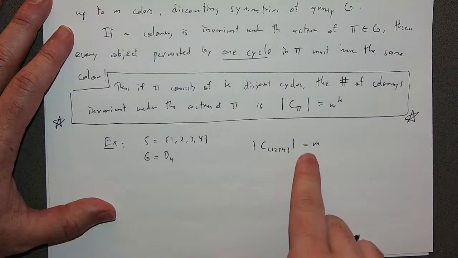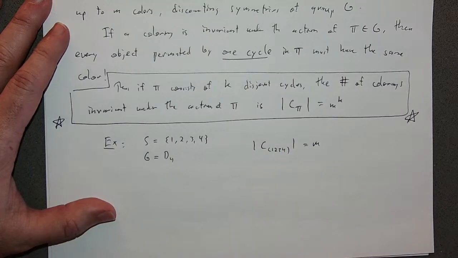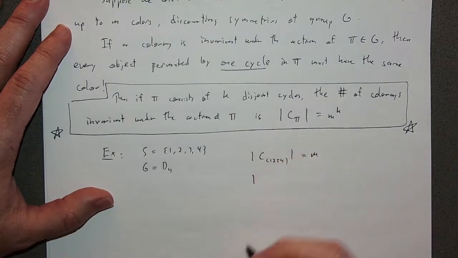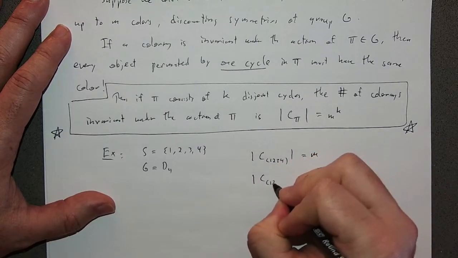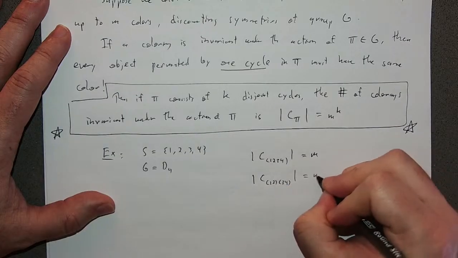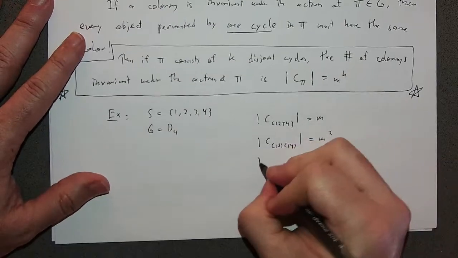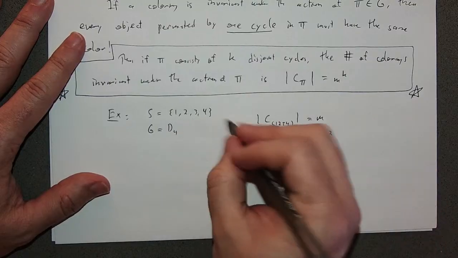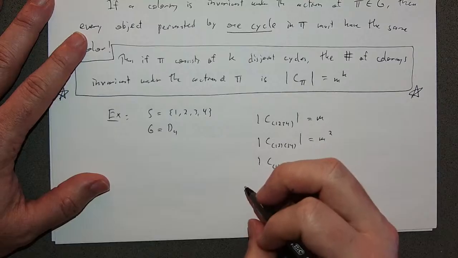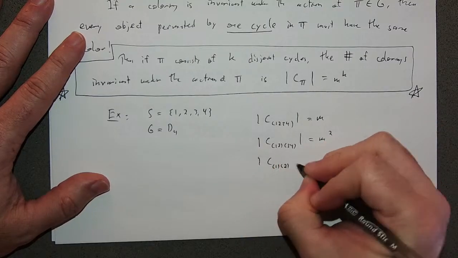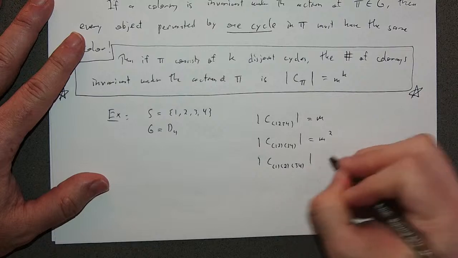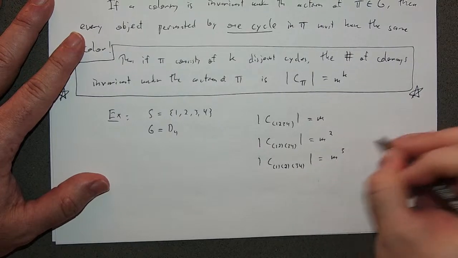Using M colors here, this would be M. For a permutation consisting of 2 disjoint cycles, this would be M squared. For a permutation on 4 letters consisting of, we'll do like 3, 4, like here, this would be M cubed.